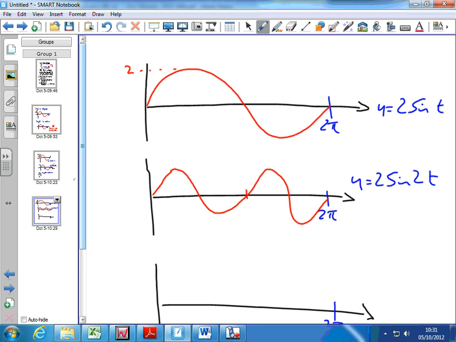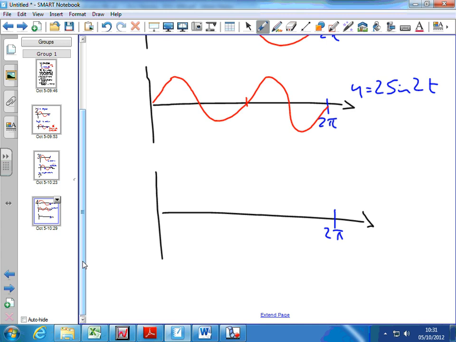And then if I were to try and sketch 2 sine 3t, this is an awkward one to sketch. I'm now going to try and get 3 cycles within here, so 1, 2, that's roughly thirds, so 1, 2, 3 waves within there. I've made it smaller, but this will still be an amplitude of 2. 3 waves within the same time period.